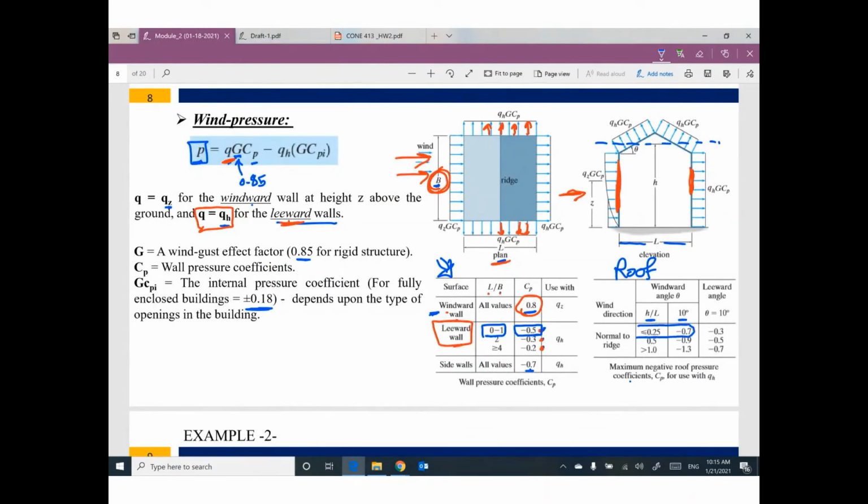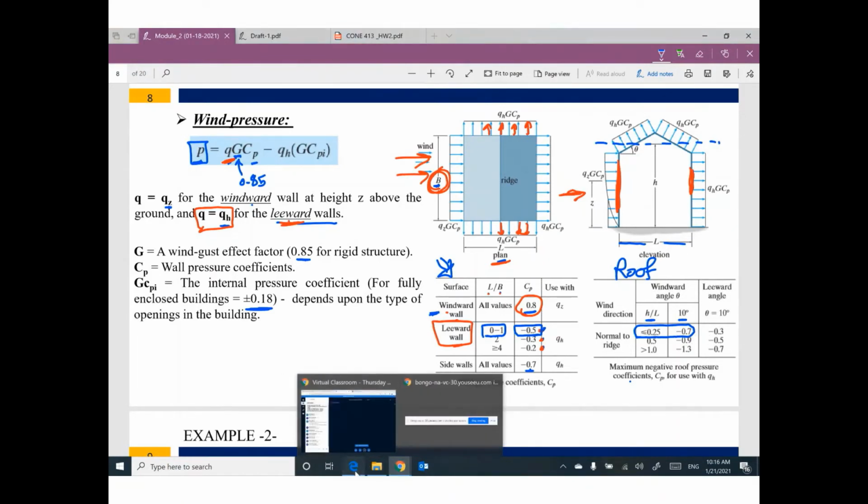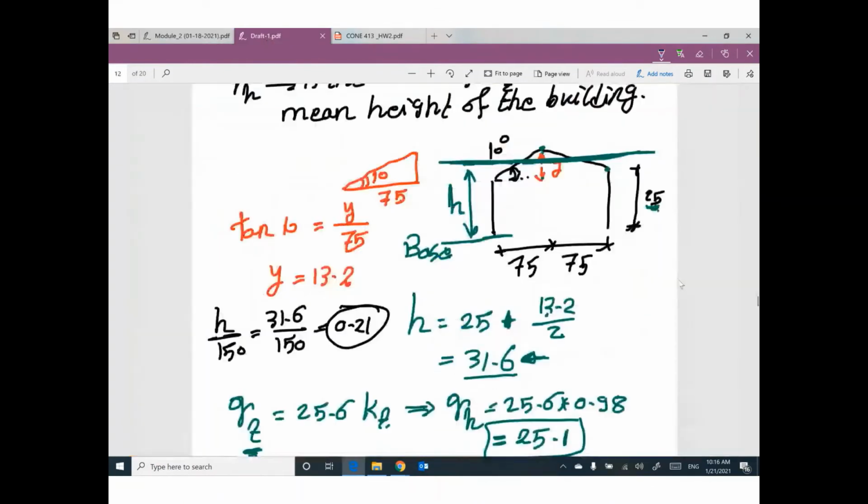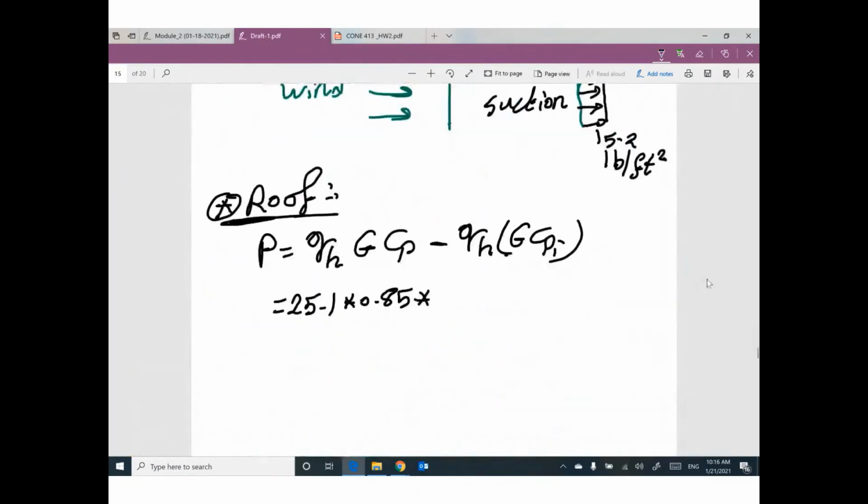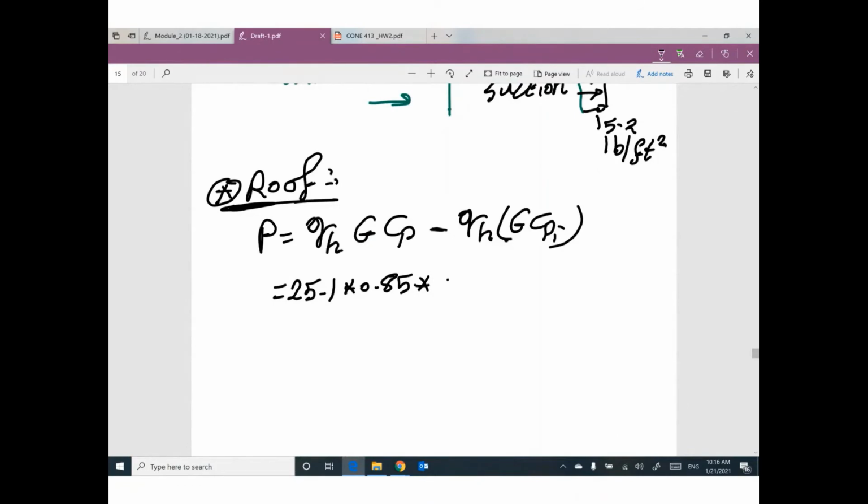0.21. I think you are here. This one, windward angle. Windward, negative 0.7. Negative 0.7 minus 25.1 times plus or minus 0.18.